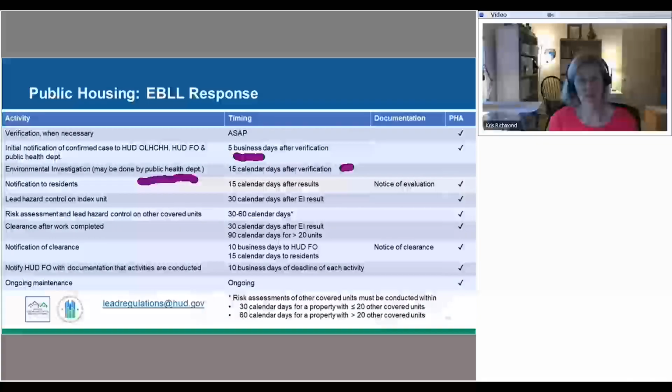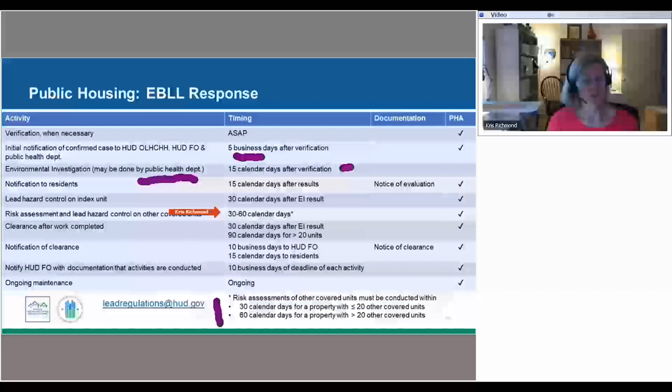That's between 30 and 60 calendar days, and that time period really depends on how many units you have. So if you have fewer than 20 other coverage units, the risk assessment needs to be done within 30 calendar days. If you have more than 20 coverage units, you have 60 calendar days to do that risk assessment. And then the lead hazard control work needs to be completed.